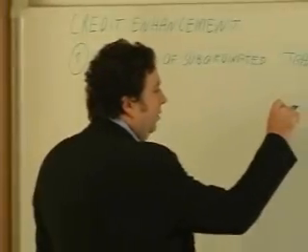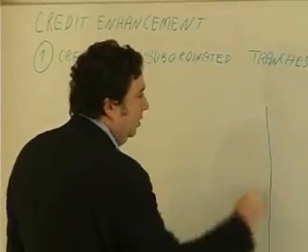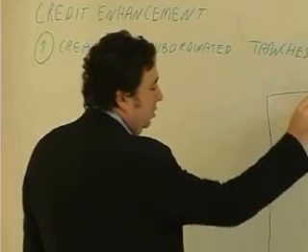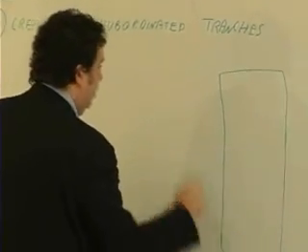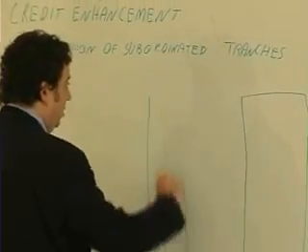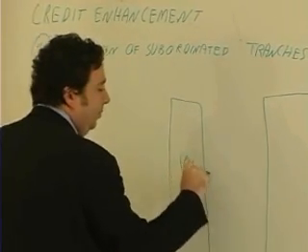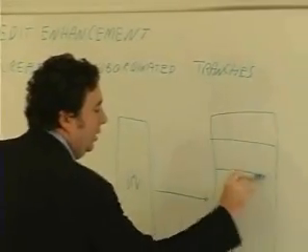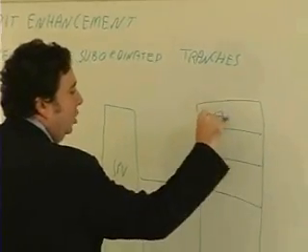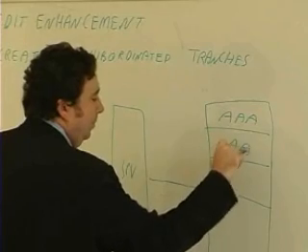That means that, for example, you've got a structure for which this is the SPV. You got different tranches of asset-based securities, each one with a different rating.